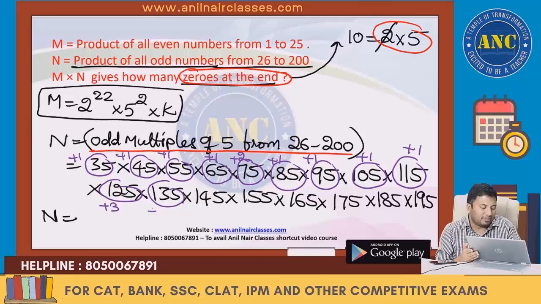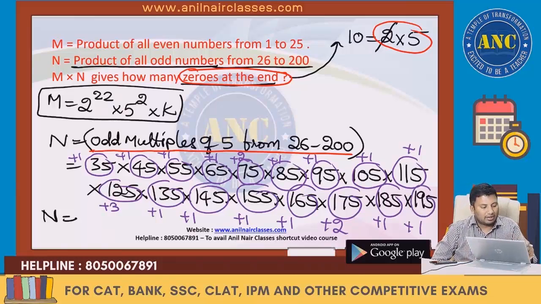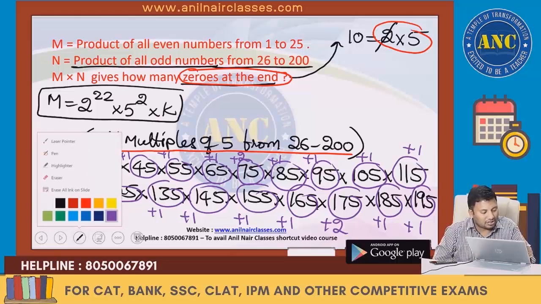This is 5 into 27 plus 1, 5 into 29, 5 into 31, 5 into 33, 25 into 7 plus 2, 5 into 37 plus 1, 5 into 39. These are all the extra highest powers of 5 which we got.